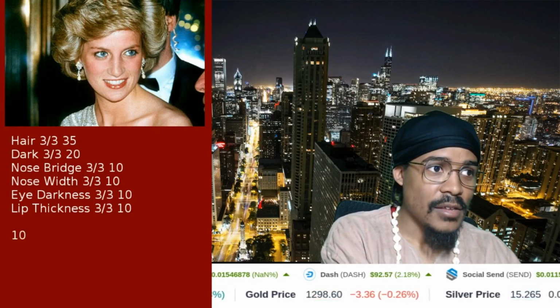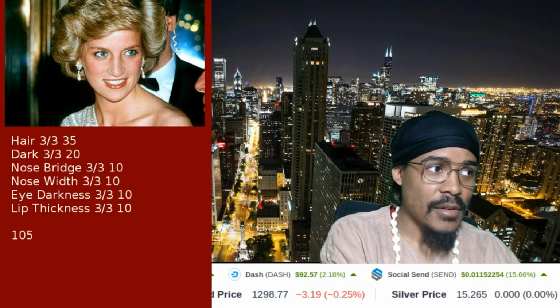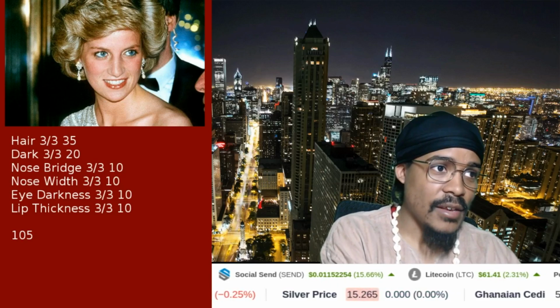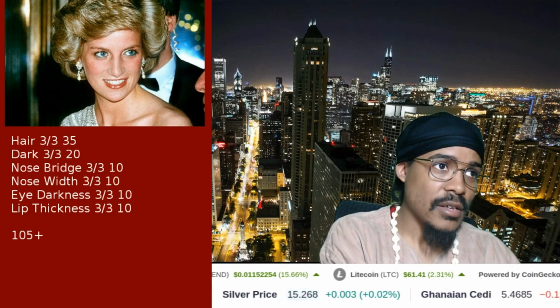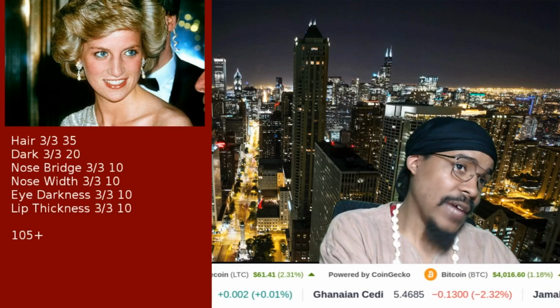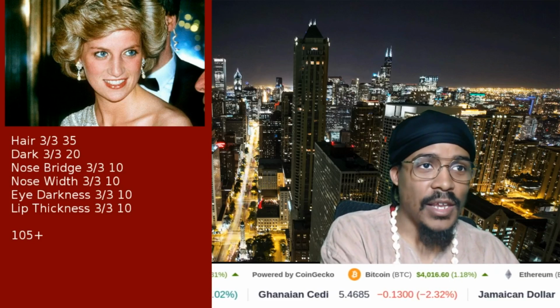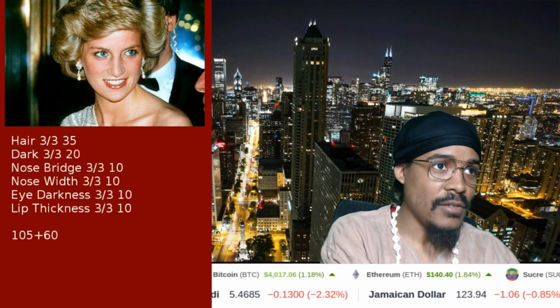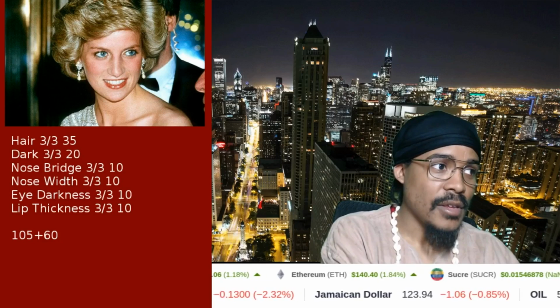Okay? So 105. And you add that to what they get for skin color. If they're level 3, then they get 60 points for level 3 skin, right? 20, 40, 60. You add that.